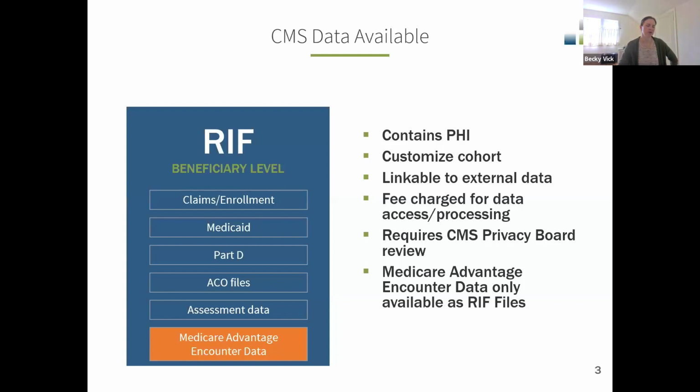CMS Privacy Board review is also required. Just so that you're aware, the request process can take around 4 to 5 months. Just to set your expectations on the process, it does take several months.